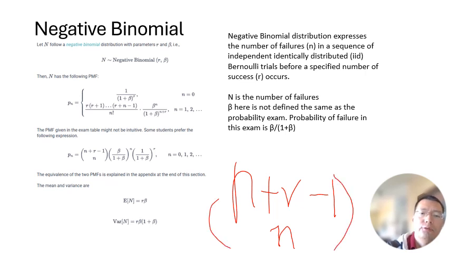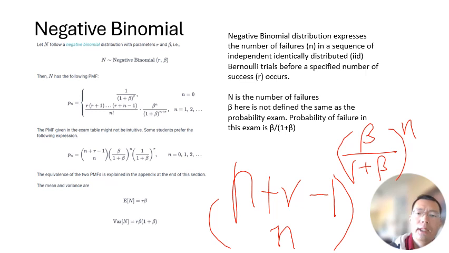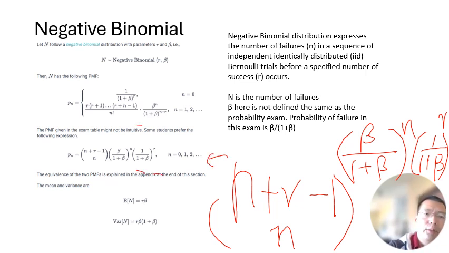And this probability would be, the probability of failure is beta over 1 plus beta. So if I fail n times, you have to raise it to the n-th power. Then after that, you will have 1 over 1 plus beta, which is success, raised to the power r. So this is the formula. This is more intuitive than the formula that will be given in the exam.